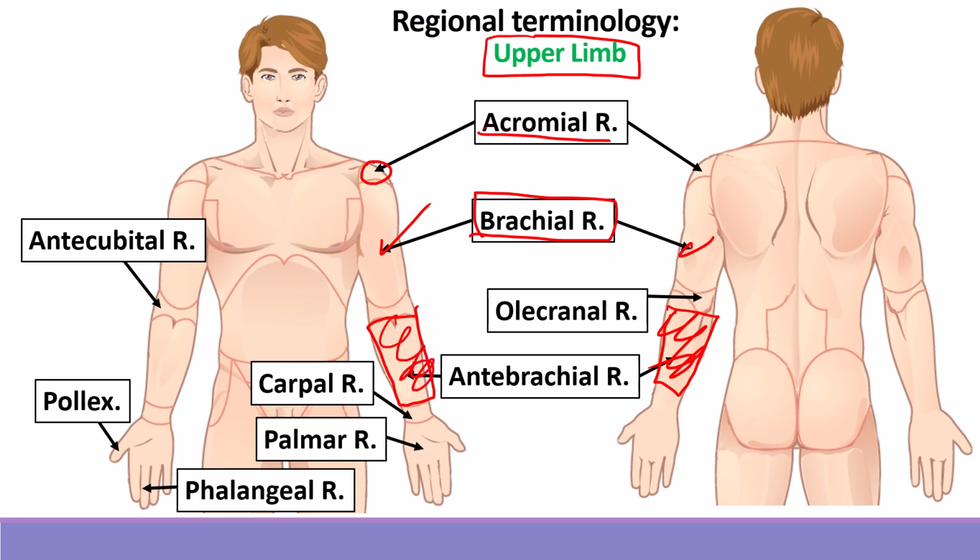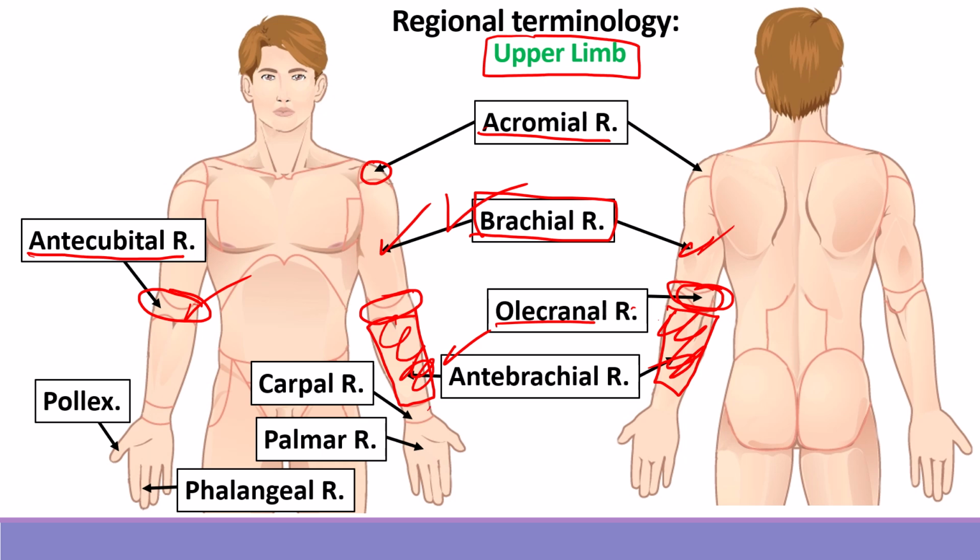Between the brachial and antebrachial, if you're looking at this in the anterior view, this region is called the antecubital. If it's posterior, this is called the olecranon region. So antecubital in front or anterior, olecranon is posterior, between the brachial and antebrachial.